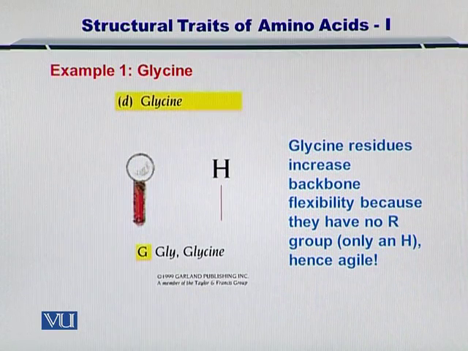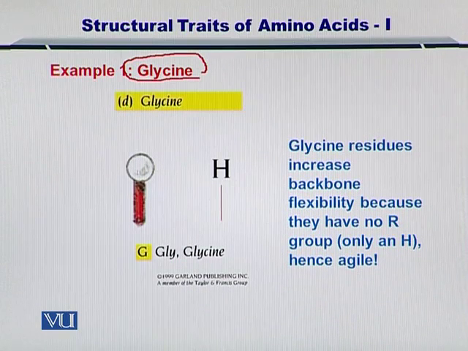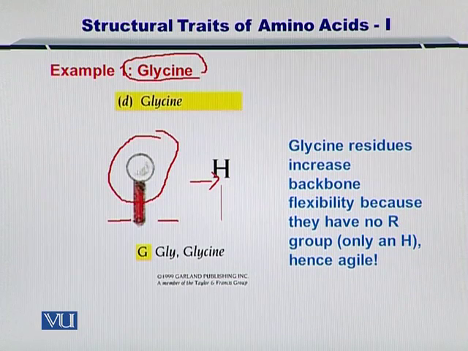Here we have the amino acid glycine, and as you can see, besides the amine and the carboxyl group, the R group is just a hydrogen, or the R group can be called absent in the case of glycine. Glycine is the smallest of all amino acids, but because it is small, it is flexible.